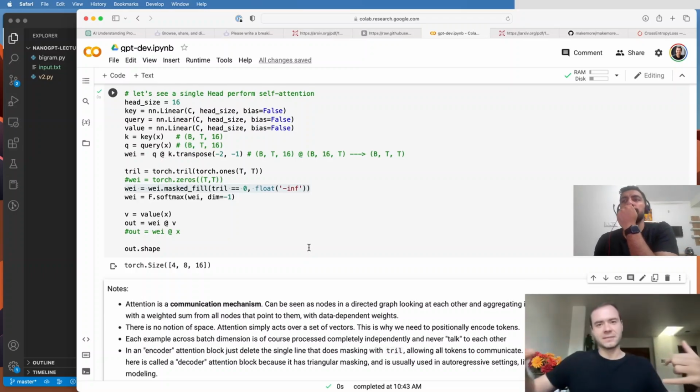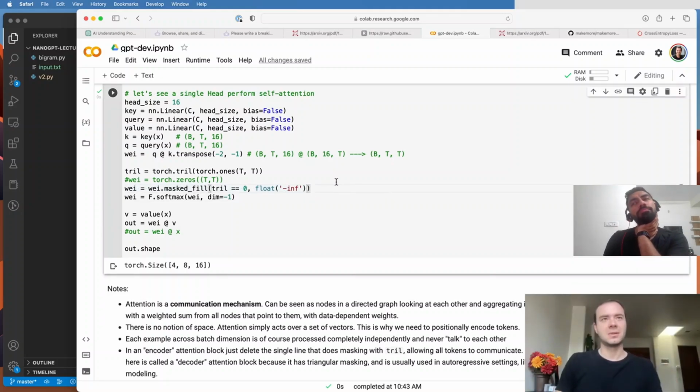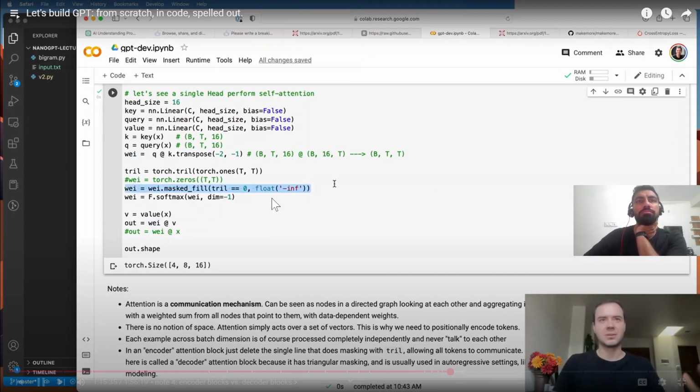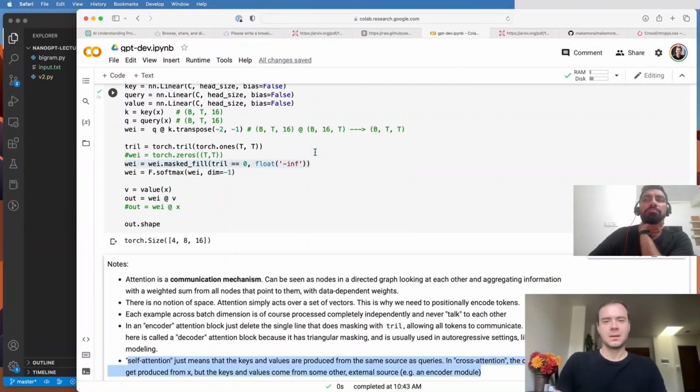It's got this autoregressive format where you have to mask with the triangular matrix so that nodes from the future never talk to the past, because they would give away the answer. So in encoder blocks, you would delete this and allow all the nodes to talk. In decoder blocks, this will always be present so that you have this triangular structure. But both are allowed, and attention doesn't care. Attention supports arbitrary connectivity between nodes.